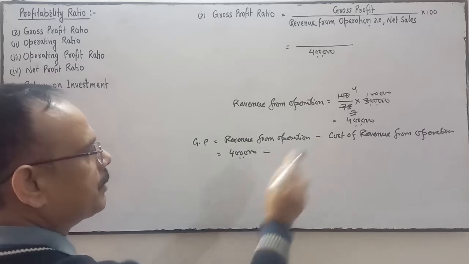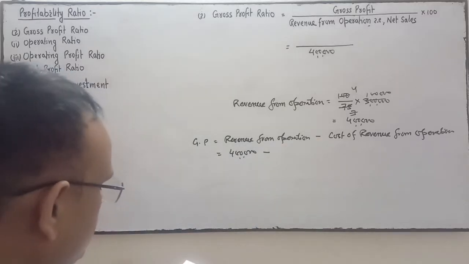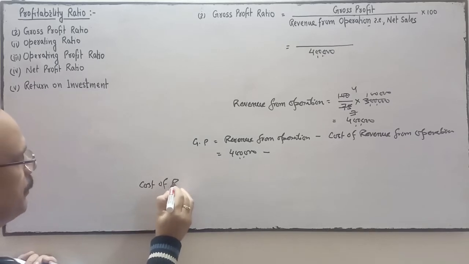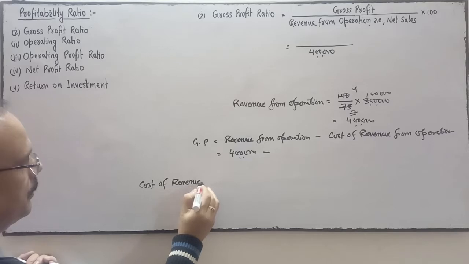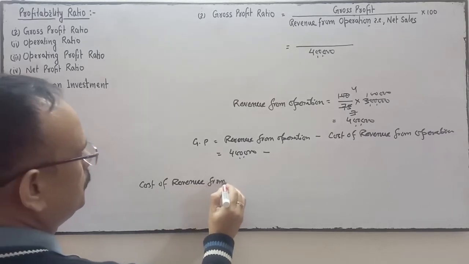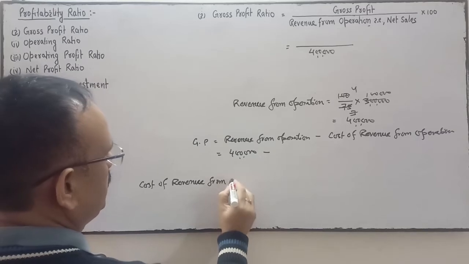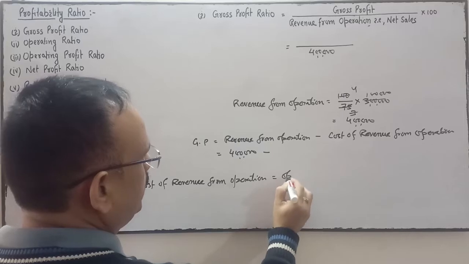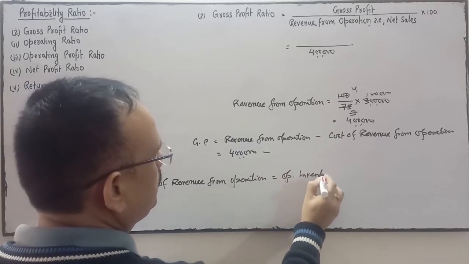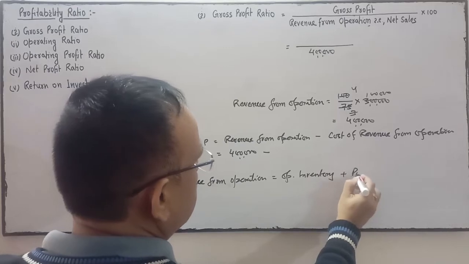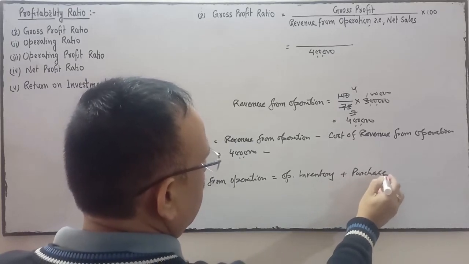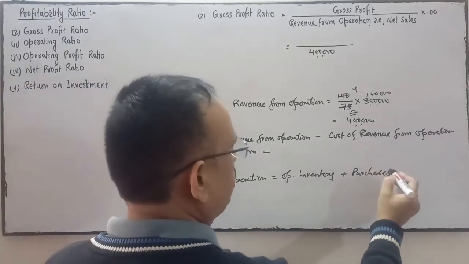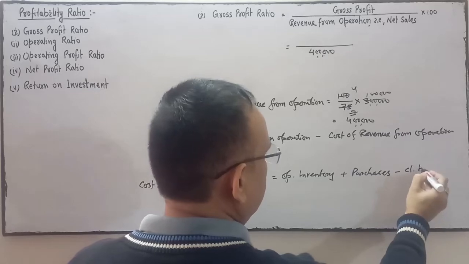Now we have to find out the cost of revenue from operation from the information given here. We know that cost of revenue from operation is equal to opening inventory plus purchase plus direct expense, but here no direct expense is given, so leave it, minus closing inventory.